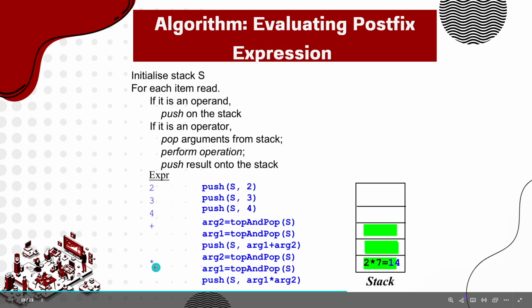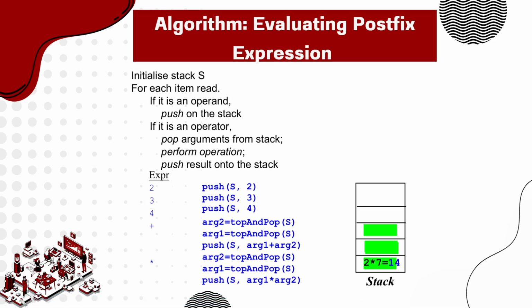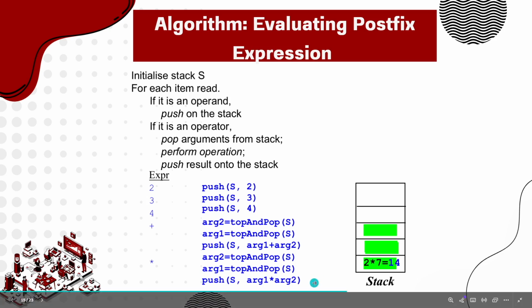We compute 7 into 2, which is 14, and the result is pushed back onto the stack. Now the stack contains the result of evaluating the postfix expression, and once we have reached the end of input, we pop 14 as the result of evaluating the given postfix expression.